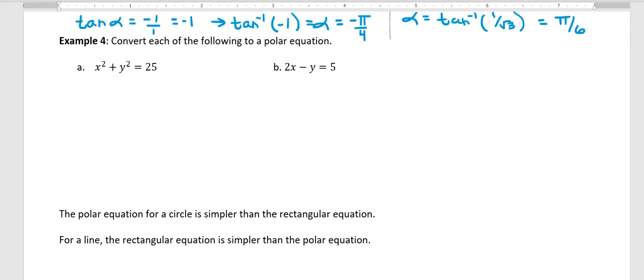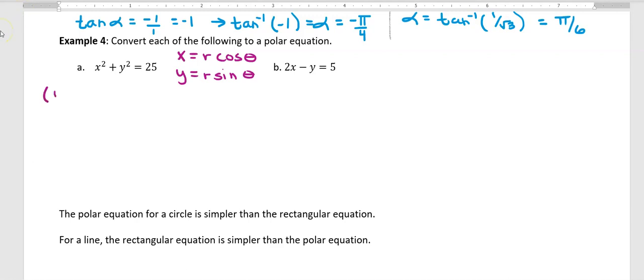So in this first one, we're going to use the equation x equals r cosine theta and y is equal to r sine theta. And we can actually replace the x and the y values in this equation with r cosine and r sine respectively.